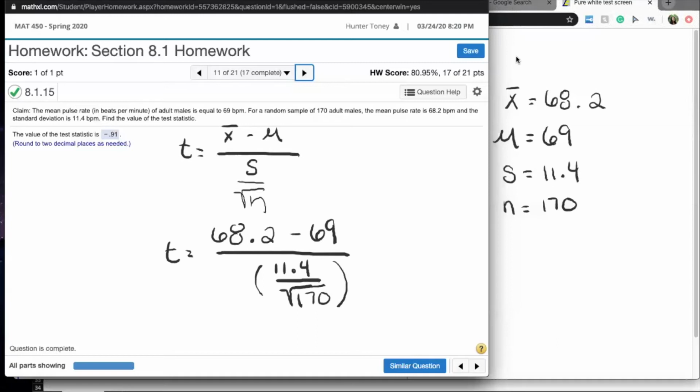And again, the parentheses are just so you remember to do that portion by its lonesome. When you calculate that out, we should get a t-score of negative 0.91, which is how we get this answer.